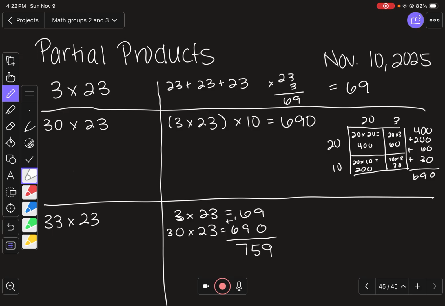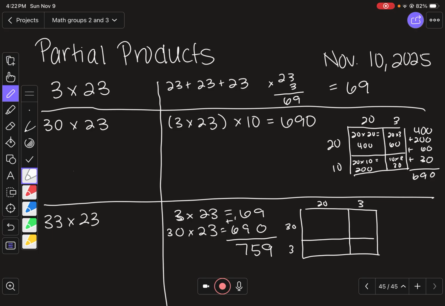Another thing that you could have done is you could have done another area model. So this time, if we break it up into 20 and 3, and instead of 20 and 10, which would give us 30 like the last problem, you might have split it into 30 and 3.